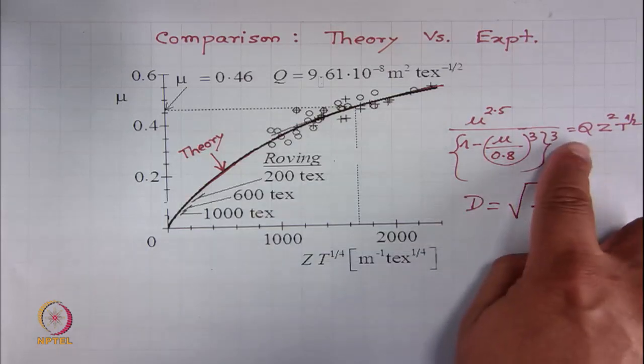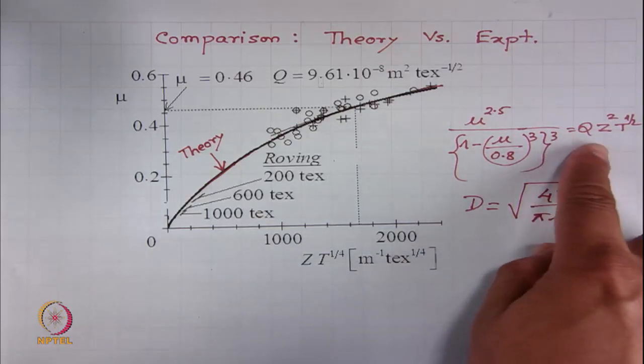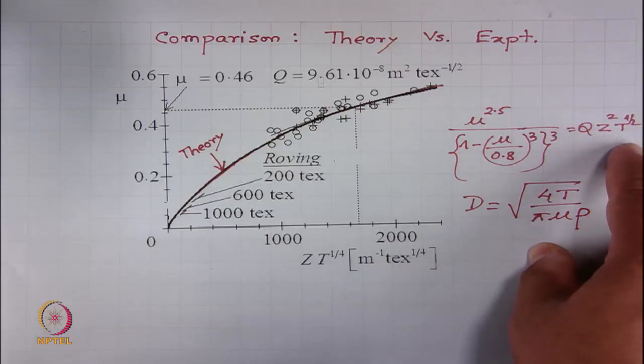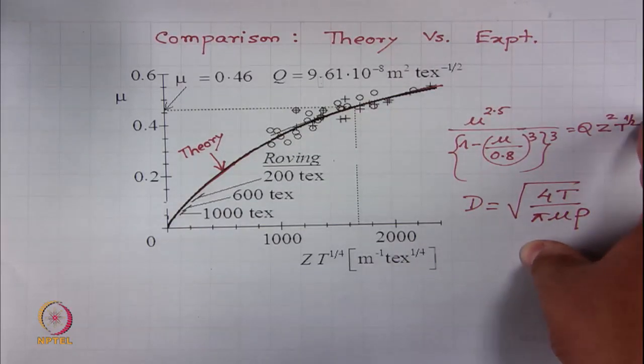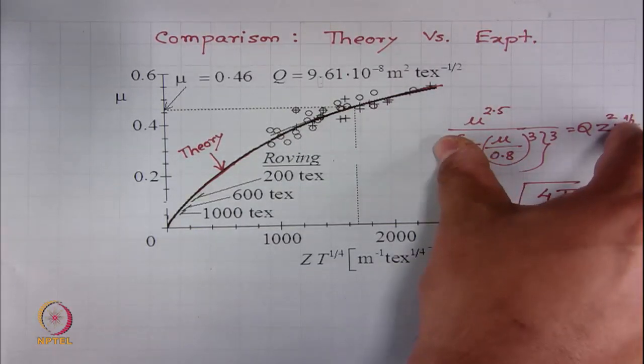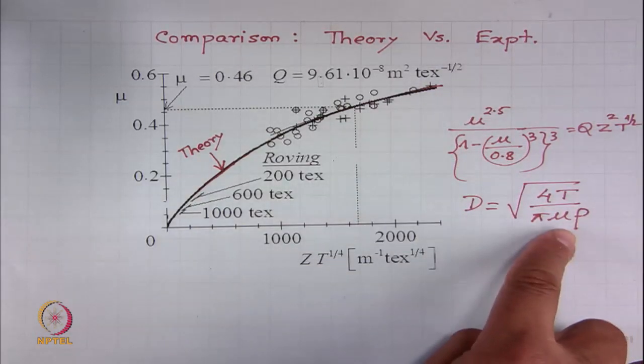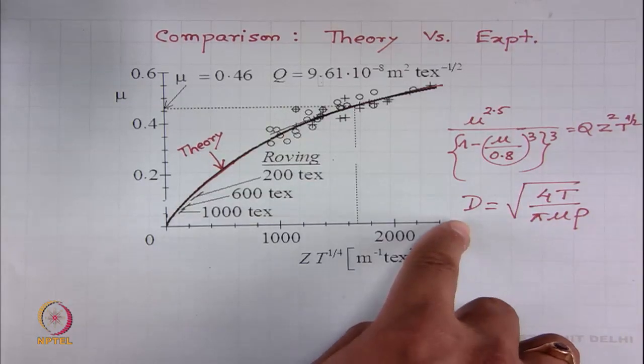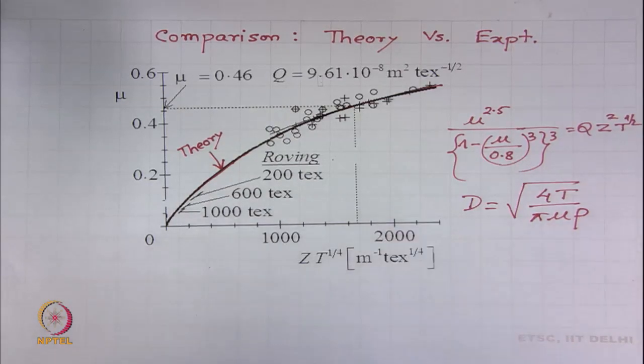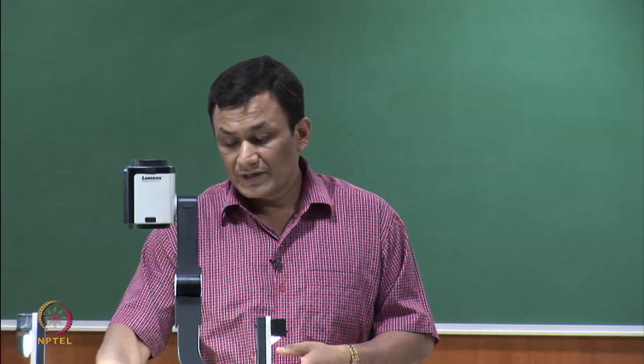So, capital Q is known to you, capital Z is known to you, capital T is known to you. So, right hand side you will be able to find out. You solve this equation, you find out mu, that mu you substitute here, you find out capital D, the diameter. So, the relation among yarn twist, yarn count and yarn diameter you can find out.